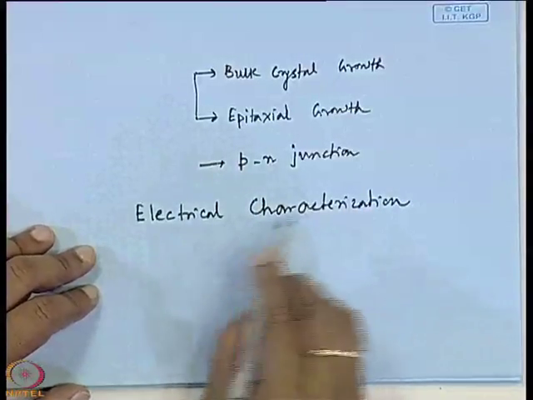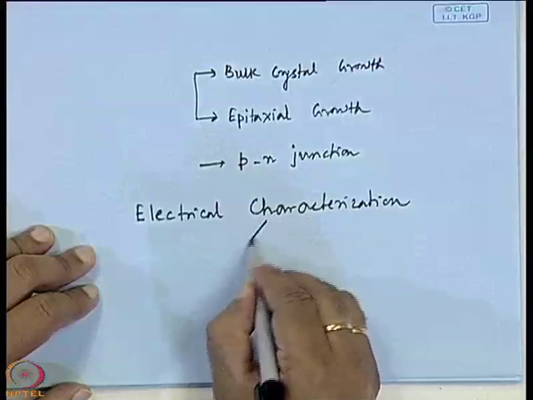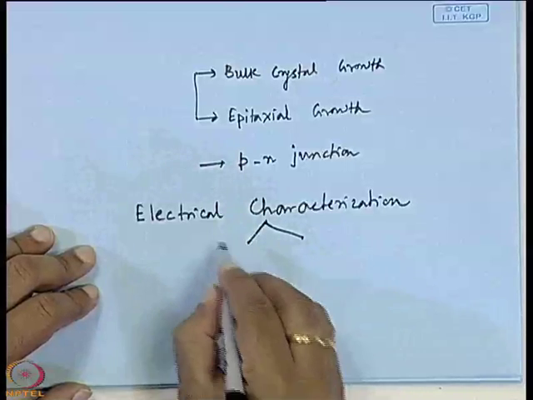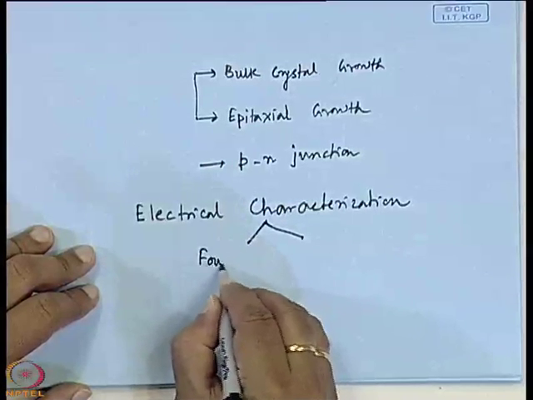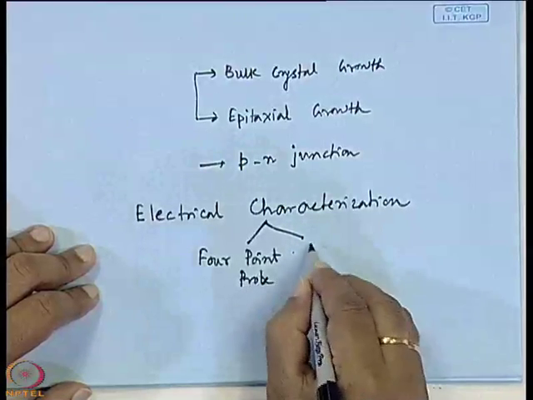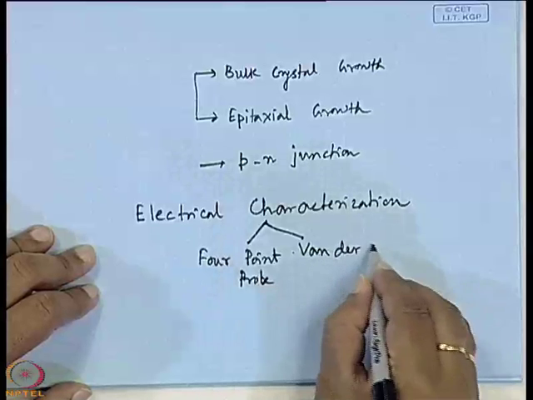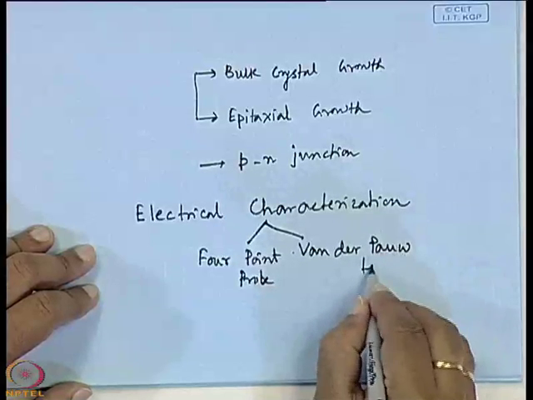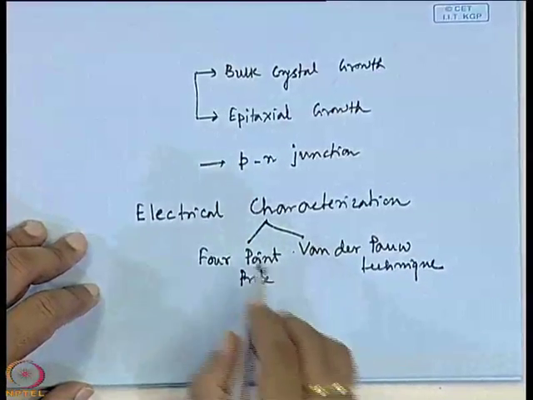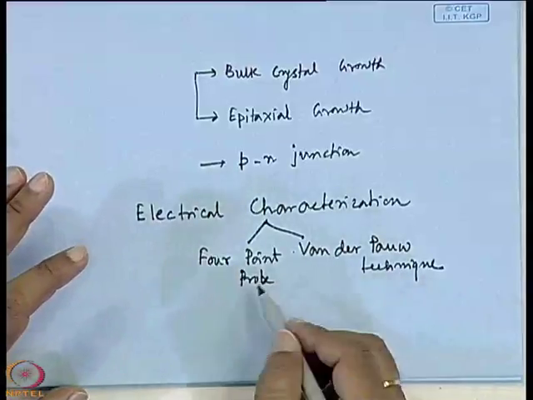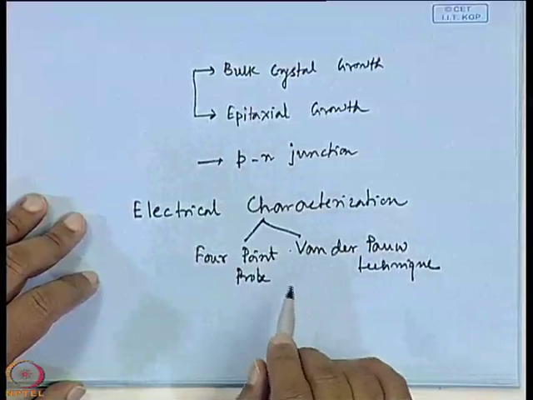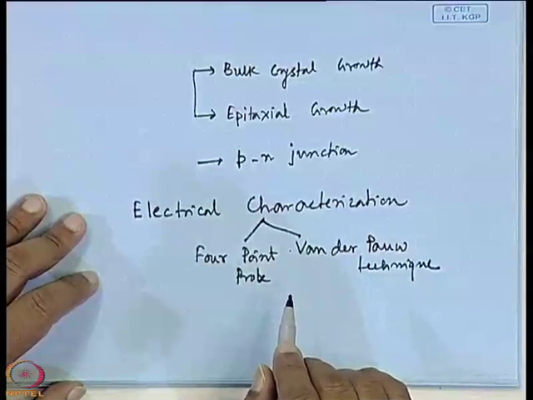So far as the electrical characterization of materials is concerned, there are two ways in which we can characterize it. One is the method of 4-point probe, and another is the Van der Pauw technique. Using either technique, we can basically characterize the resistivity of the material, which you have performed in your lab class also.